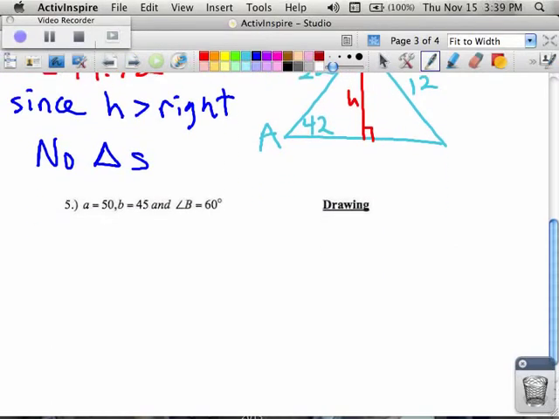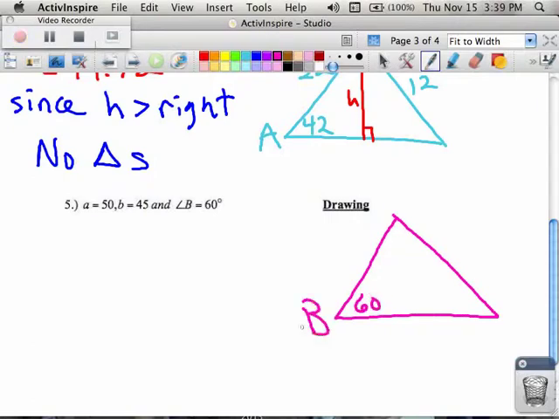Let's try number 5. In number 5, I'm going to do my drawing again. So when I do this drawing, the angle always goes on the left. If the angle's on the left, that means I have 60 degrees on the left. That was called angle B. I don't really care about its name. That means I put little b across from it, which is 45.